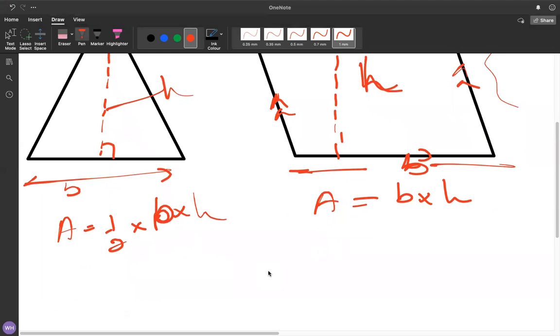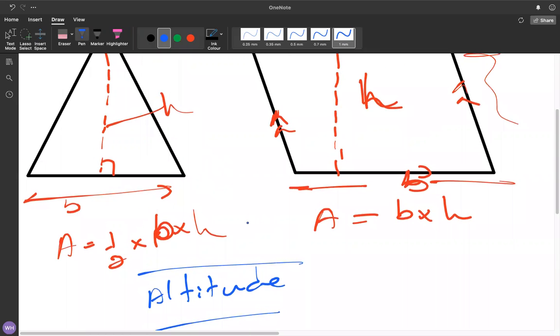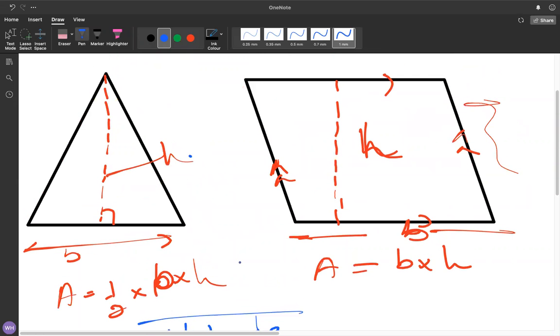Right, so anybody who has any idea about the word altitude? What is the altitude in the sense? Right, the altitude means the same perpendicular height.